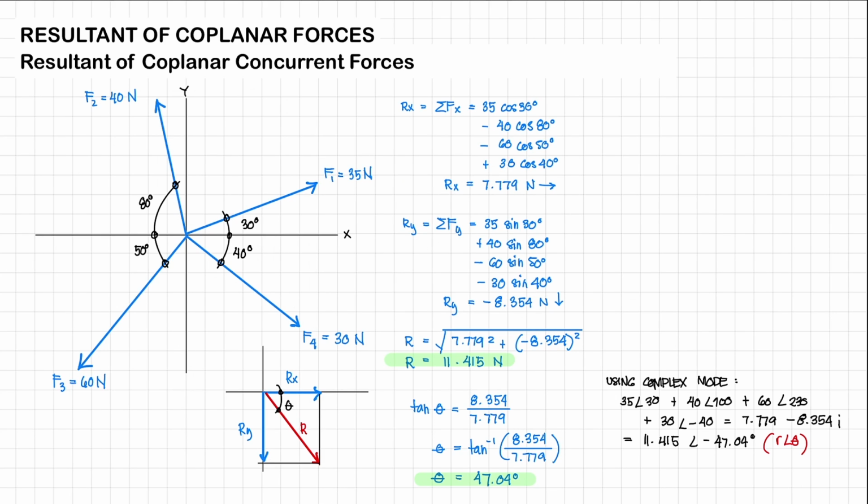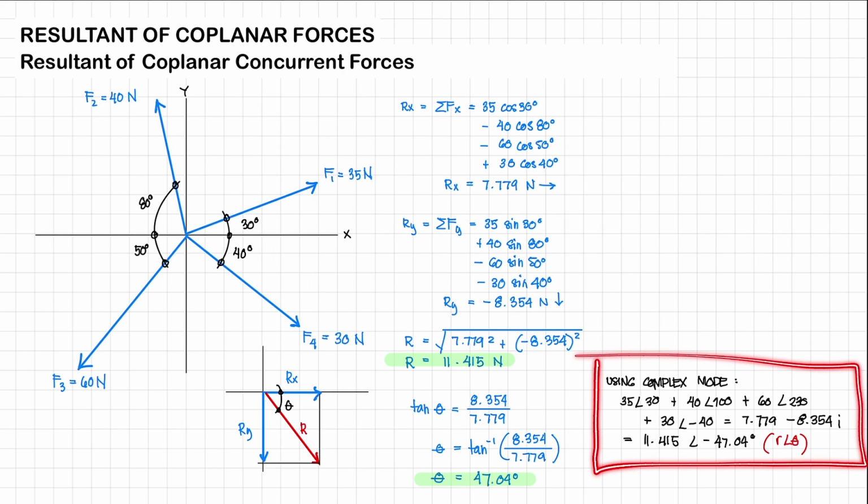So tangent theta is equal to Ry over Rx, right? And our theta is equal to 47.04 degrees.